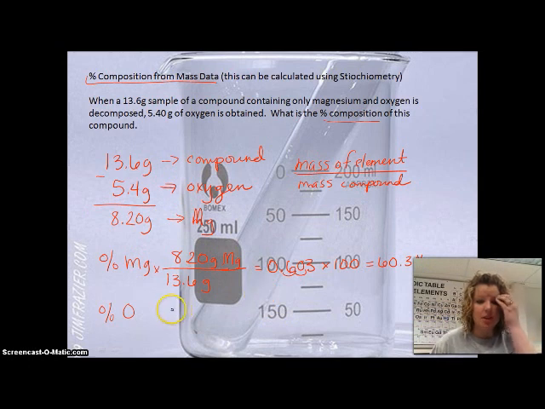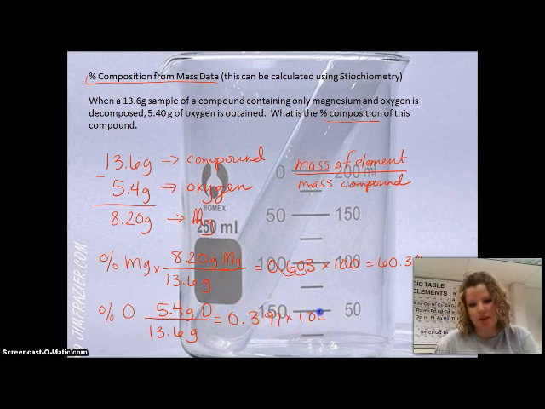Okay, so we do the same thing for oxygen. It is 5.4 grams over 13.6 grams, and we get 0.397, times that by 100, and we get 39.7%.